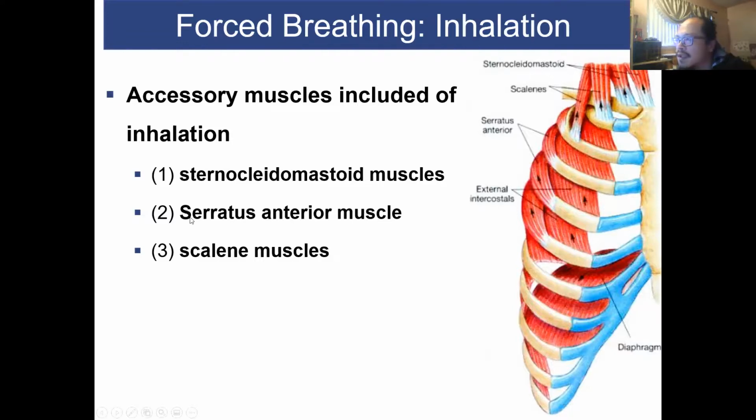The second one is the serratus anterior muscle. The serratus anterior muscle is a group of muscle that connects the ribs right here to the scapula. We'll talk about that.